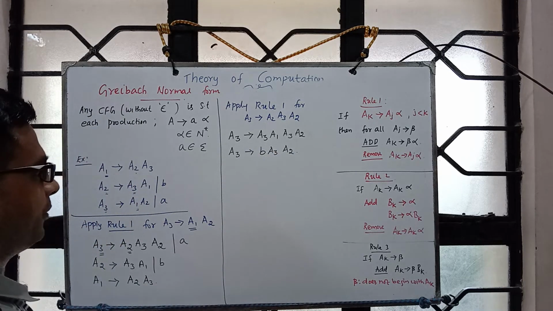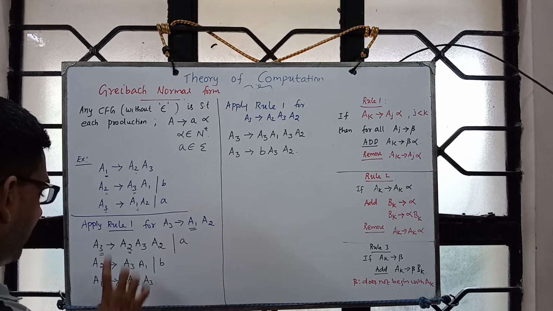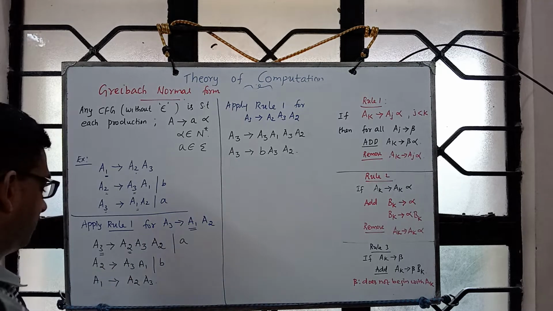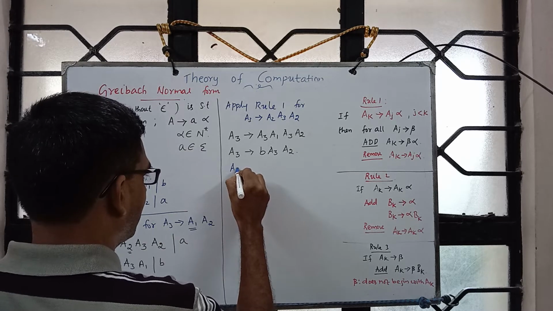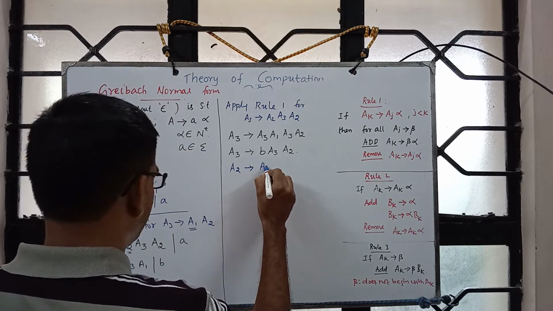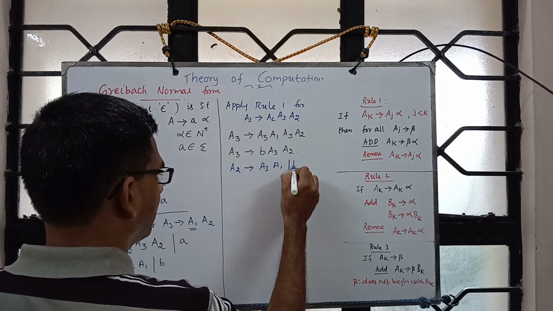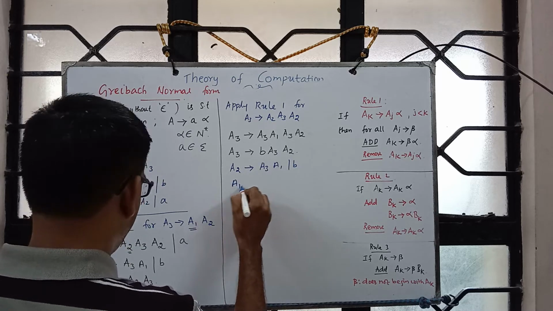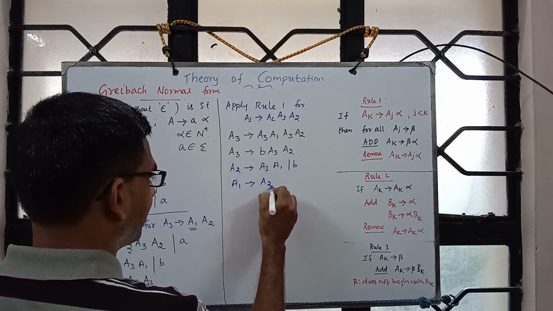In addition to this, we also get the other two. So we get A2 implies A3 A1 or B, and A1 implies A2 A3.